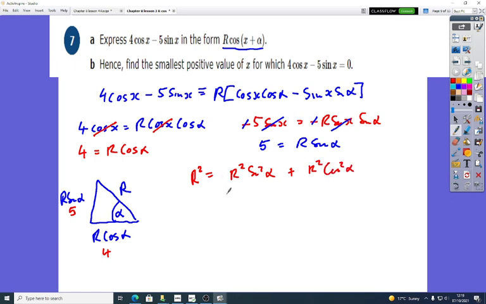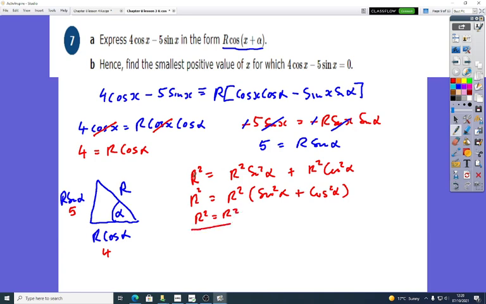Literally what happens here is they will equate, because when you factorize that, sine squared alpha plus cos squared alpha is equal to 1. So you got to the point where r squared equals r squared.